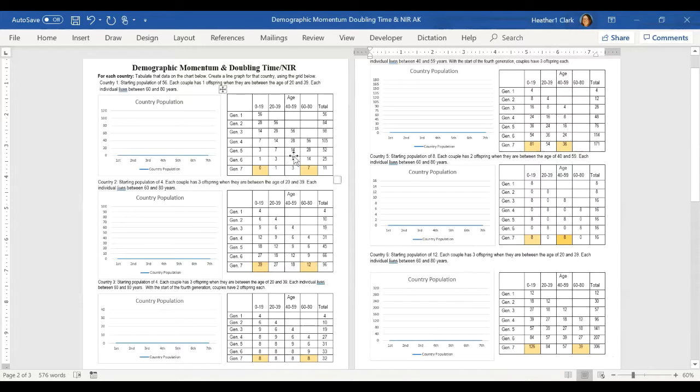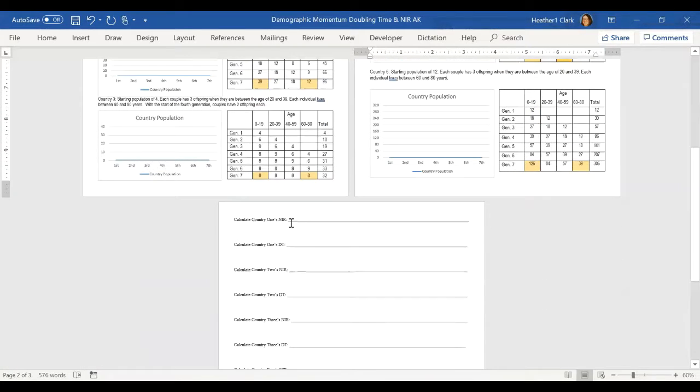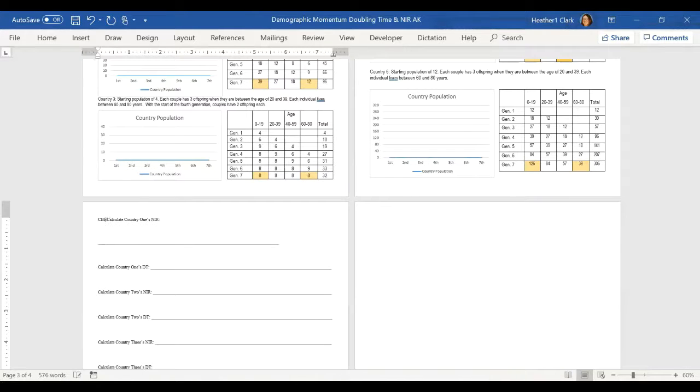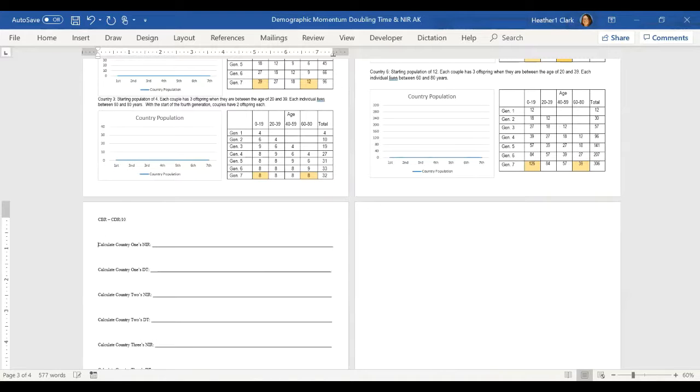So then you're going to take this one, 0 and 7, for example, and calculate the natural increase rate. Remember that the calculation for that is crude birth rate minus crude death rate, divided by 10.